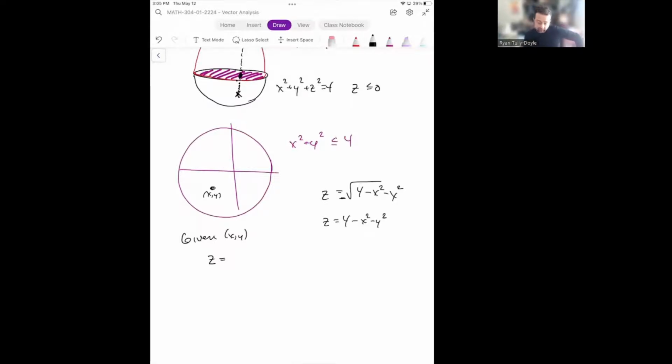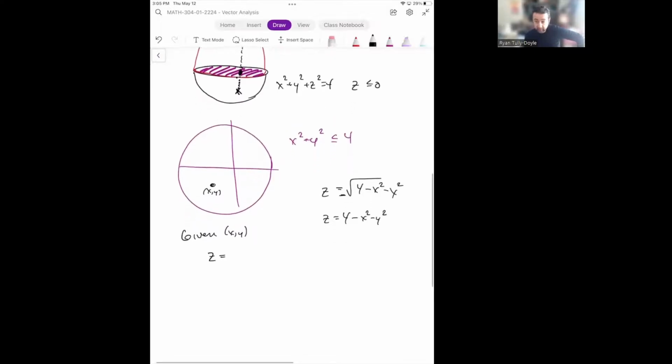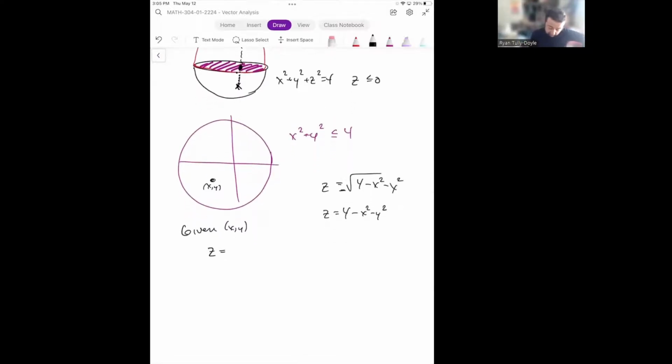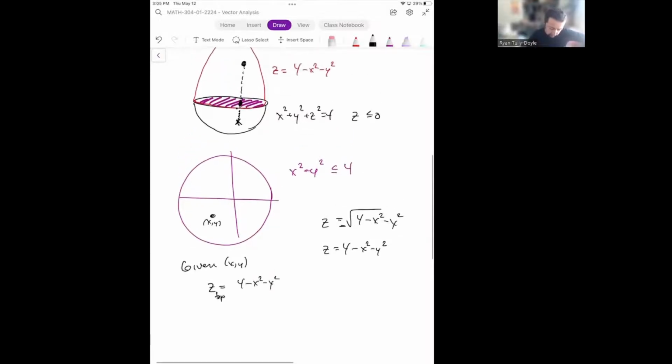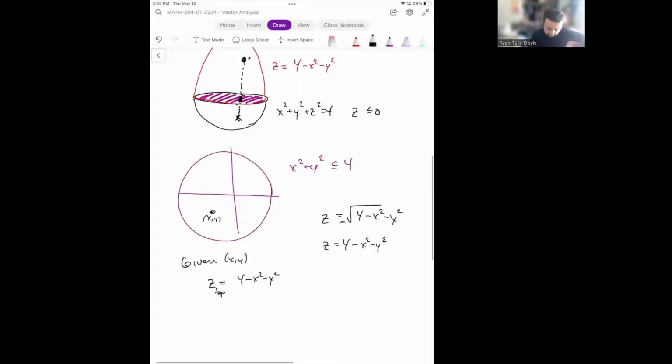So if I wanted to calculate the volume of this region, I might start by saying, given an x and a y, my top z is 4 minus x squared minus y squared, because that's the z value that corresponds to this paraboloid at the top.